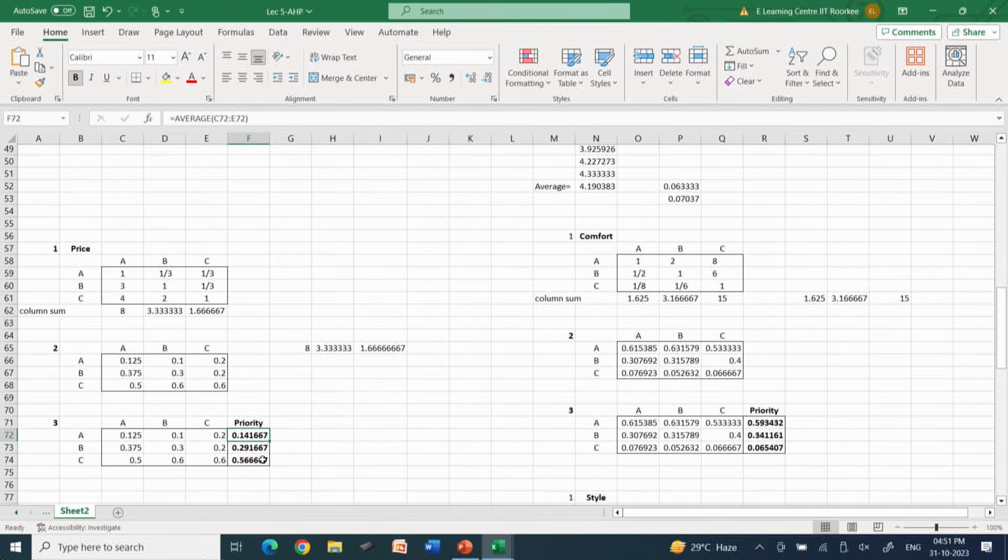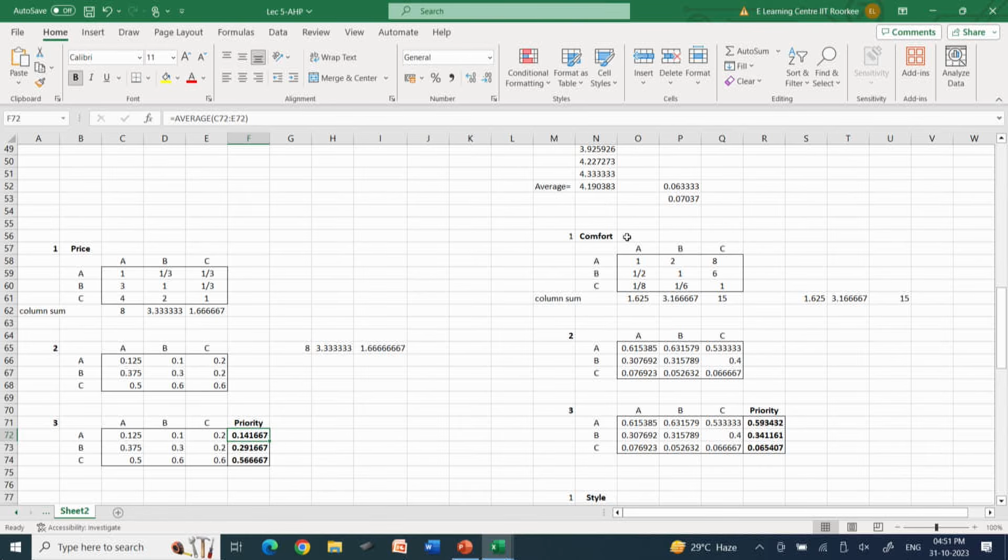So for alternative A with respect to price, the weightage is 14%, for B it is 29%, for C it is 56%. What is the meaning of that? Suppose price is the only criteria, the best alternative is car C, because it is 56%.